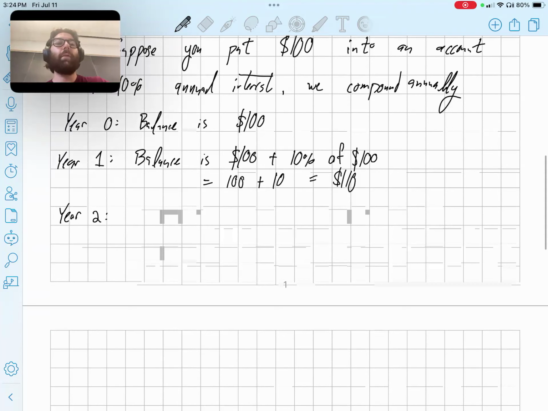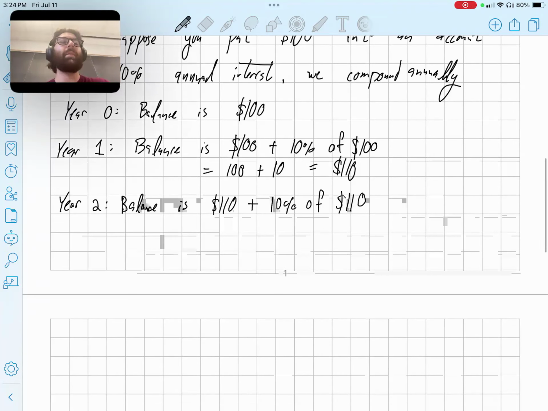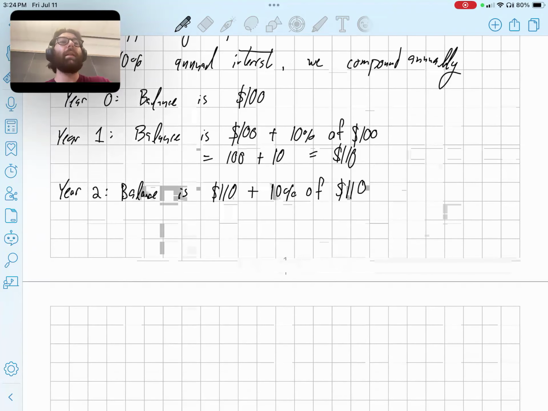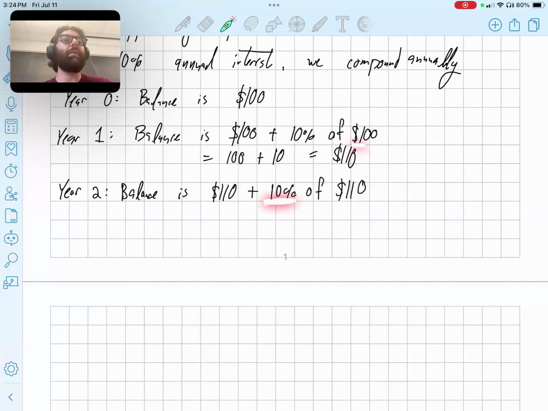But for year 2, our balance is $110. So our balance from the previous year plus 10%, not of $100, but 10% of $110. If this were simple interest, we'd be doing 10% of 100 every year. Every single year, we're adding the same amount. But for compound interest, we're taking the percentage of the current balance, not the principal.